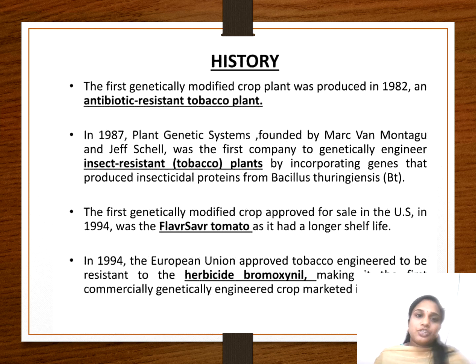Coming on to the history of transgenic plants, the first genetically modified crop plant was introduced in the year 1982, an antibiotic resistant tobacco plant.